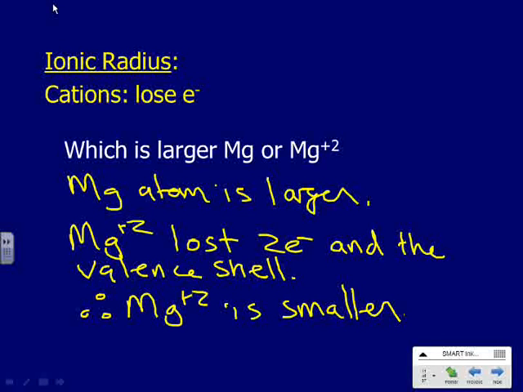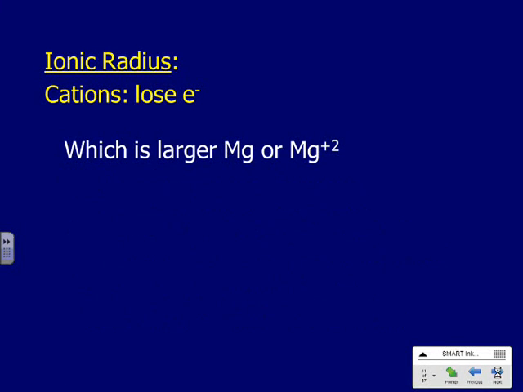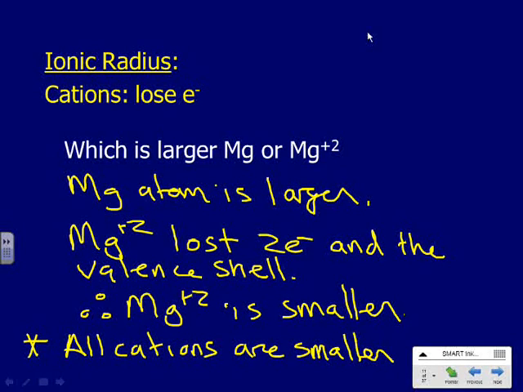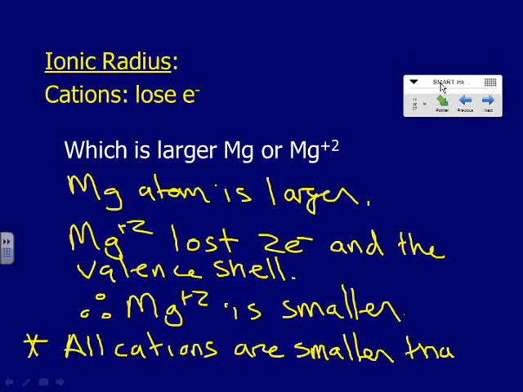I've got a summary on this very simply. I'm going to write it on the screen. All cations are smaller than the neutral atom. So cations are always smaller than the neutral atom. All right?